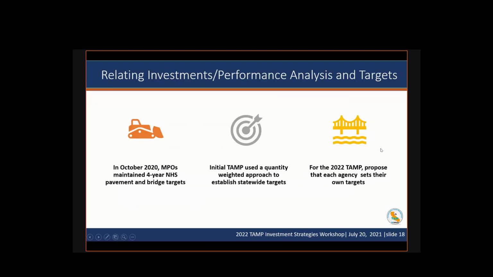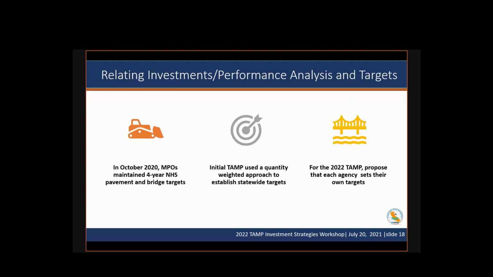And this target setting shouldn't be a new topic. I mean, we last visited this in October of 2020. We went out to all the MPOs. There was an opportunity at what they call the mid-plan performance period to reevaluate the targets. I don't think any MPO changed their target in October 2020.